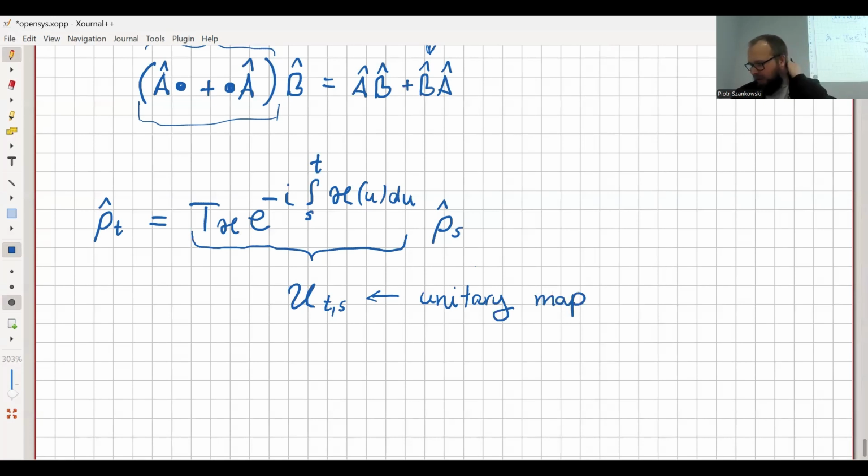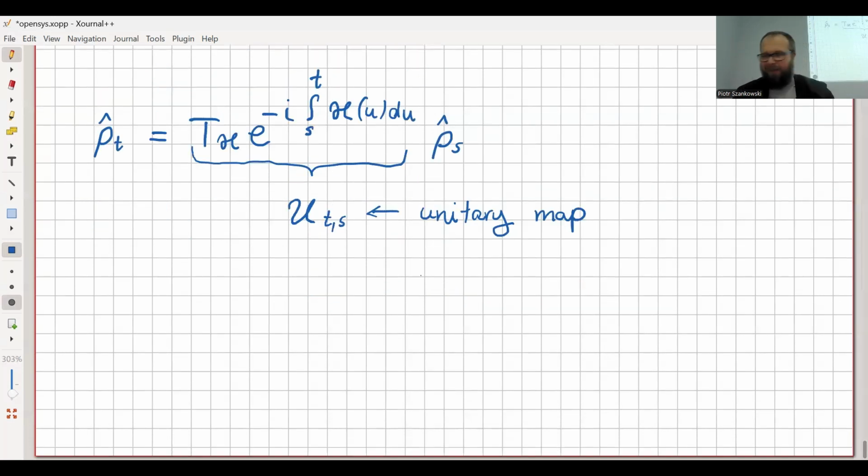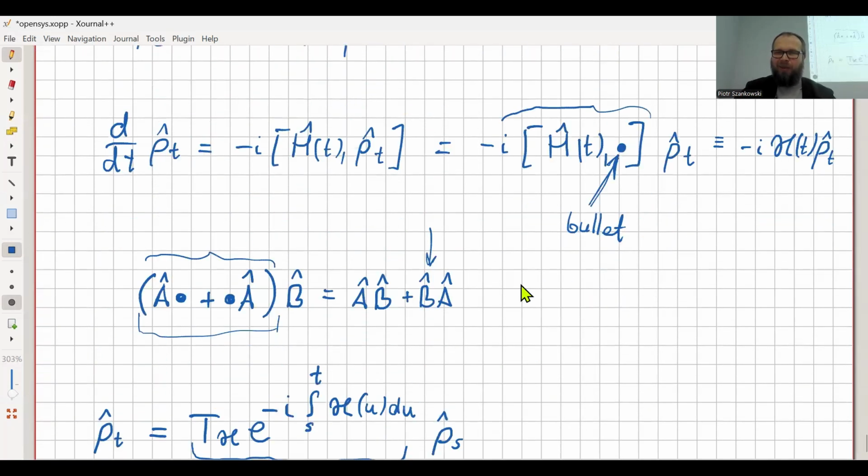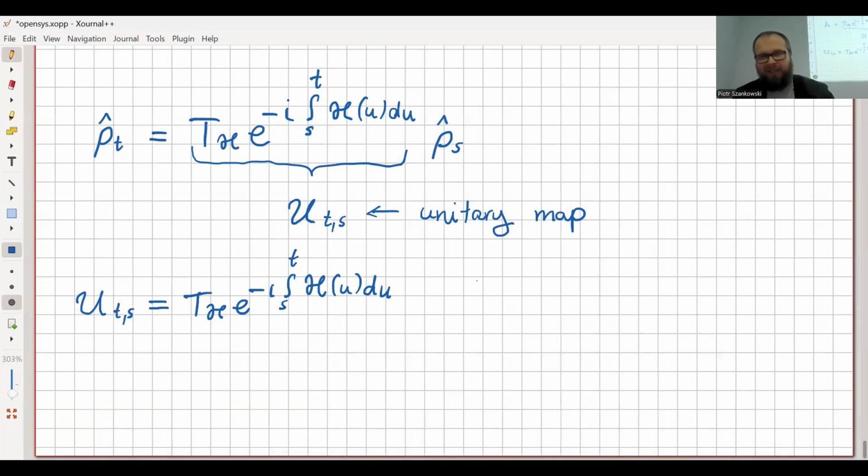Why it's called unitary, we will see soon. And again, it's like with evolution operators, a unitary map understood as a time-ordered exponent generated by this Hamiltonian, the adjoint Hamiltonian superoperator, but it's ultimately just defined by a series.